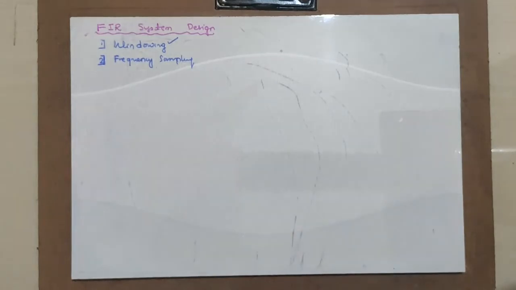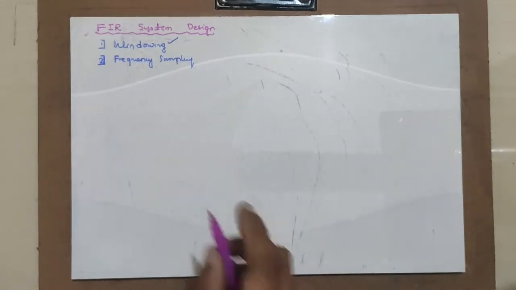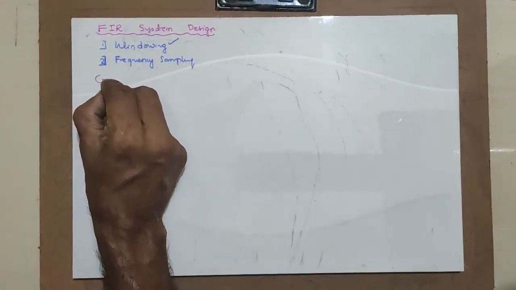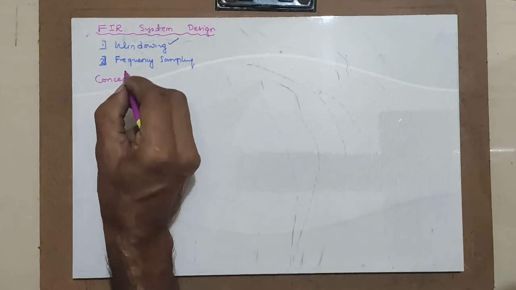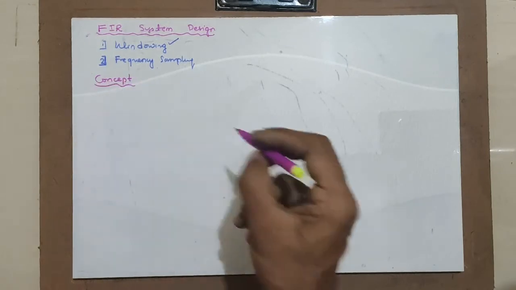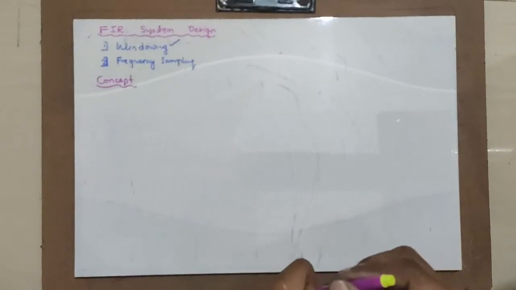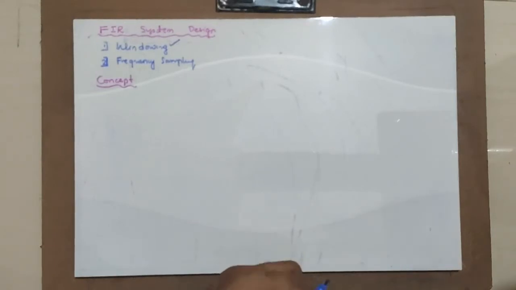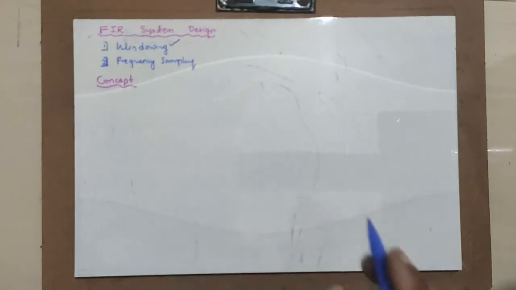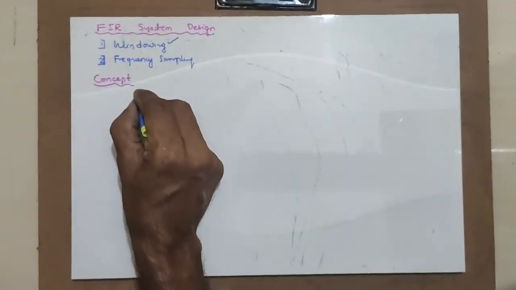Let us see the concept first. Mainly the concept, whatever I am explaining, gives you some idea regarding windowing. You know that we have the ideal frequency response of the filter. It will be like this.